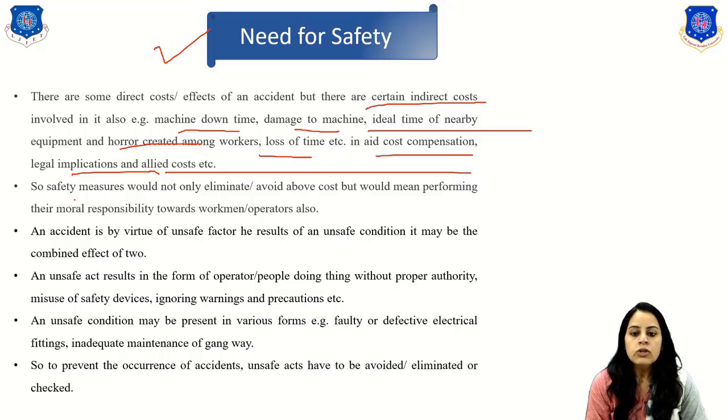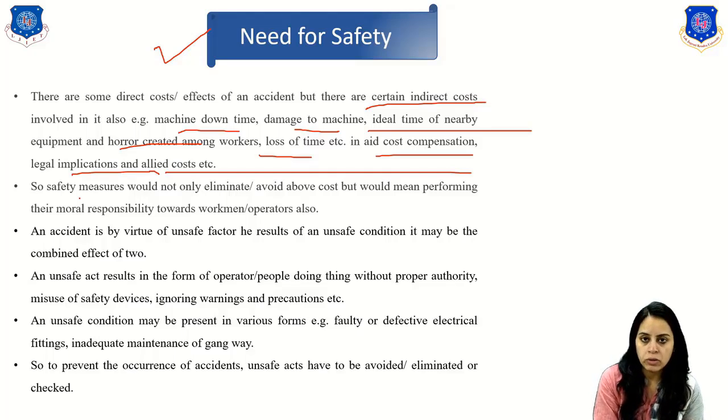Safety measures would not only avoid the above costs, but would also mean performing our moral responsibility towards the workman or operator.